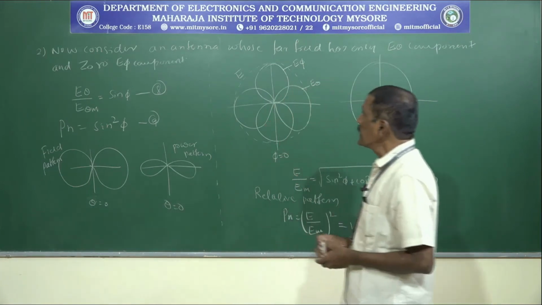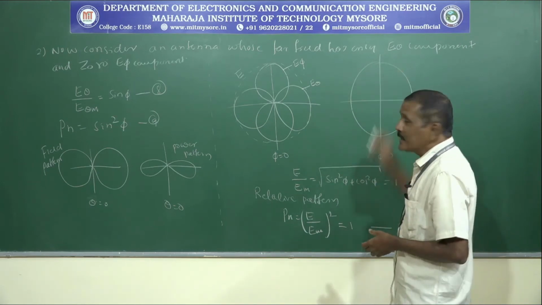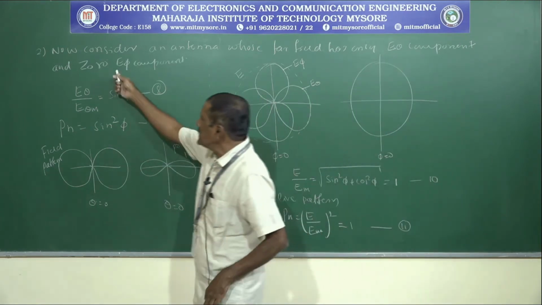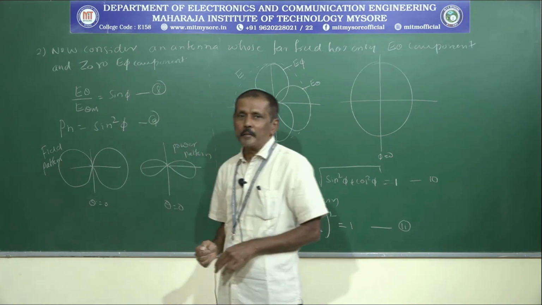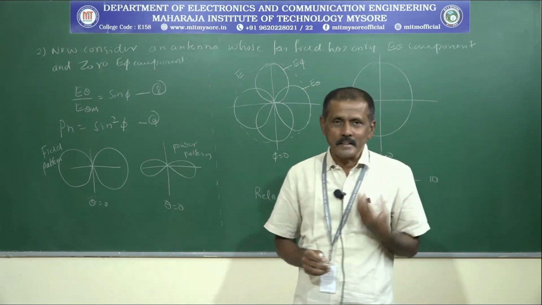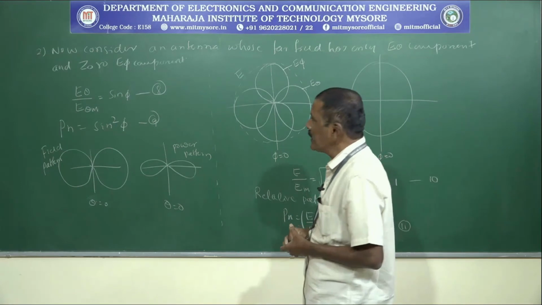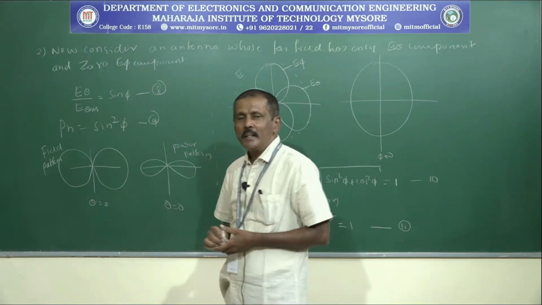Now consider an antenna whose far field has only E theta component and 0 E phi component. That means that an antenna radiates signals and its far field contains only the E theta component, and the E phi component is 0.